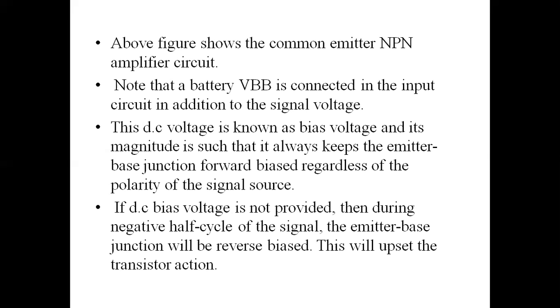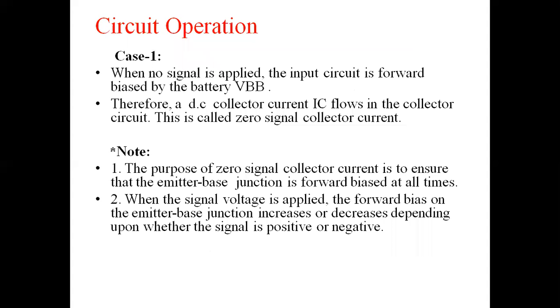You can have a doubt. If no proper bias is provided for this circuit, what happens? Then during the negative half cycle of the signal, the emitter base junction will be reverse biased. This will upset the transistor action. So let me explain the circuit operation by considering different cases.